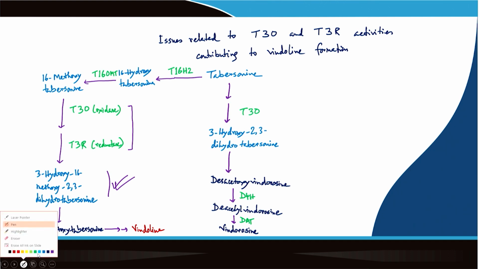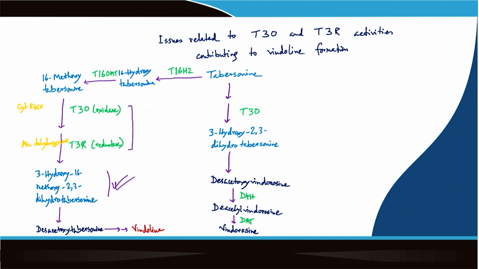Now, for your information also, this T3O is basically a cytochrome P450 enzyme, and the T3R is basically an alcohol dehydrogenase.